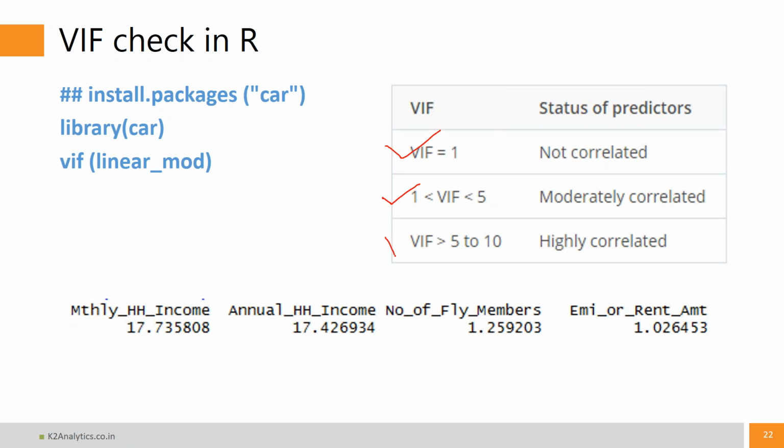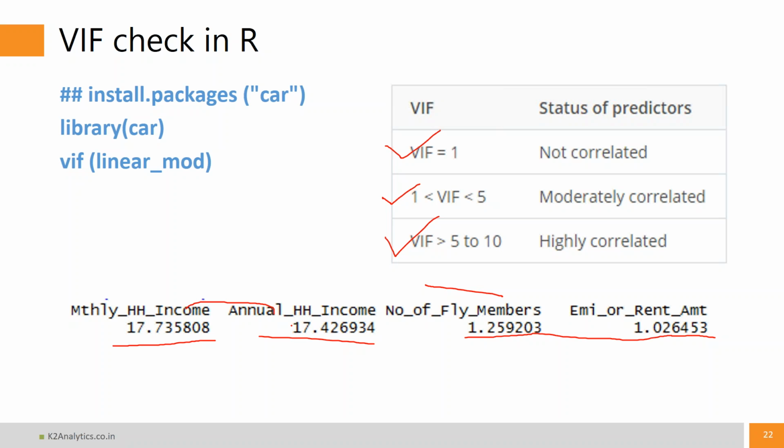But if VIF is greater than 5, there is a very high correlation. For example, in our case, the VIF of monthly income is 17, the VIF of annual income is 17, the rest of the variables have got VIF close to 1 only, which means they are not correlated with other variables, but these two have got some correlation, and I have to drop one of them now.